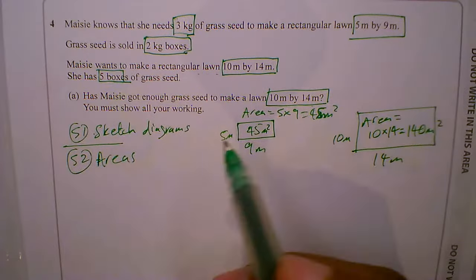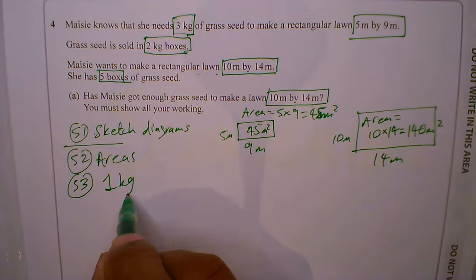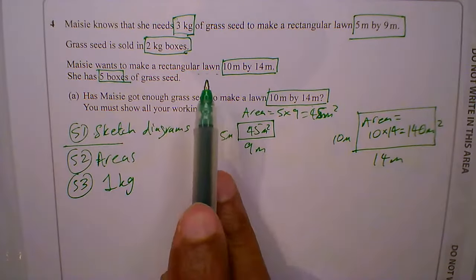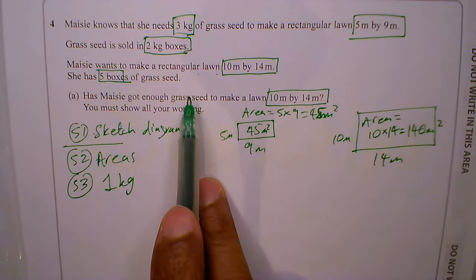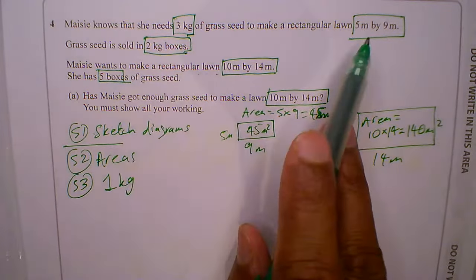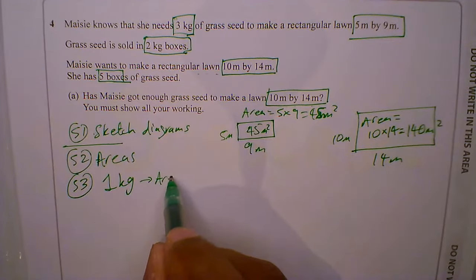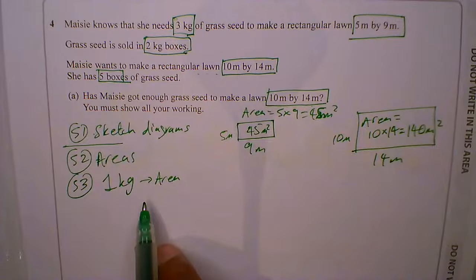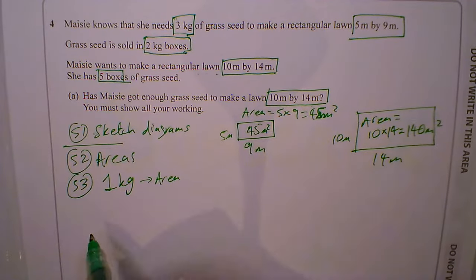So I need to work out 1 kg, step 3, 1 kg. If I know what 1 kg is, then I can work out how many, so 1 kg gives me an area. So using that 1 kg, I can then work out how many I need for the big area.